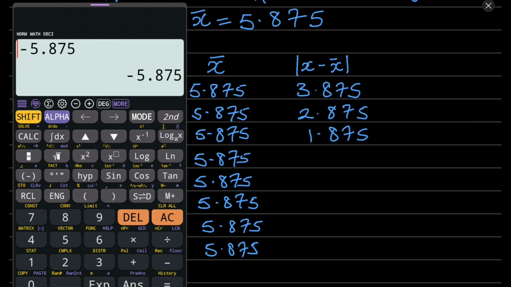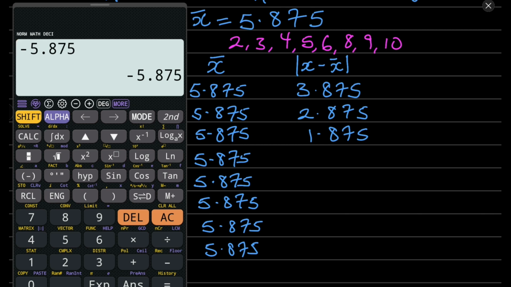So for the values we have 2, 3, 4, 5, 6, 8, 9, and 10. So we can move on.